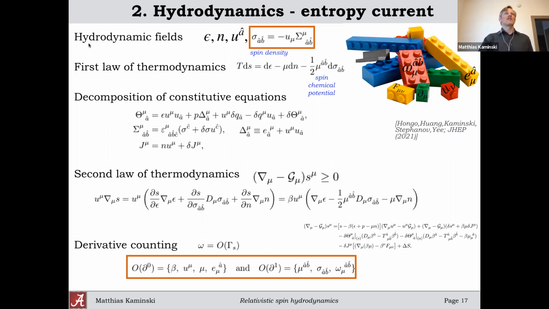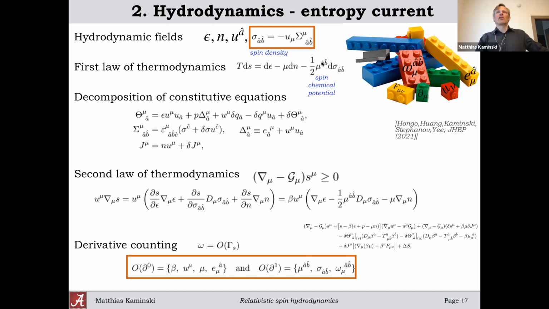One highlight is that, instead of the hydrodynamic fields of temperature, or equivalently energy density, charge density, and fluid velocity, we now also have spin density, which you can define by projecting the spin current onto the fluid velocity. So basically you pick out the Lorentz index in the time direction of the spin current, and that's the spin density. That's now another hydrodynamic field.